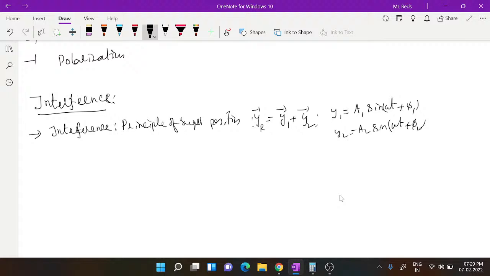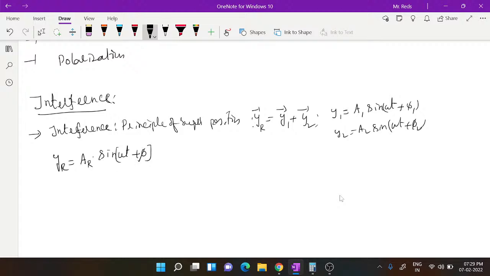On adding these, try to recall the few steps we discussed and give the expression for the resultant displacement, equal to resultant amplitude into sine omega t plus phi.